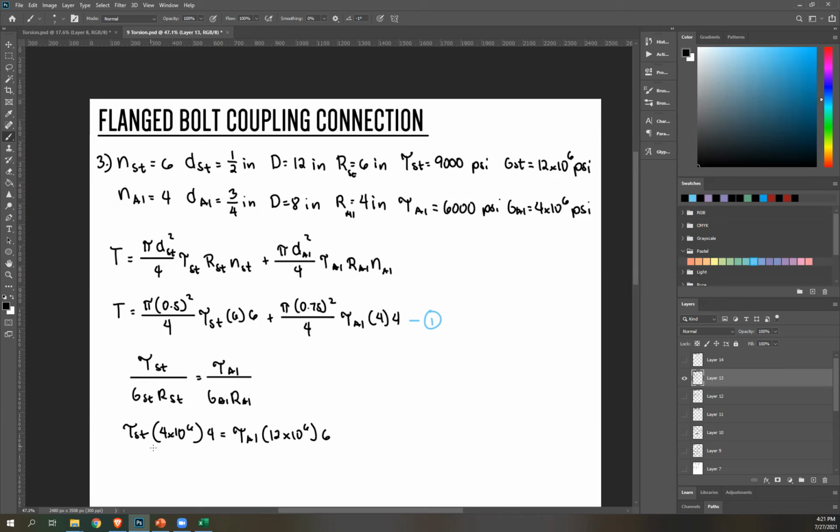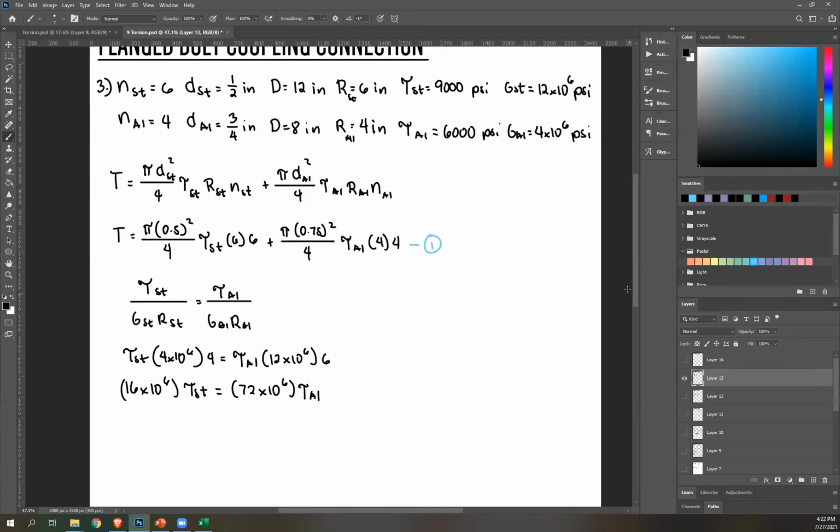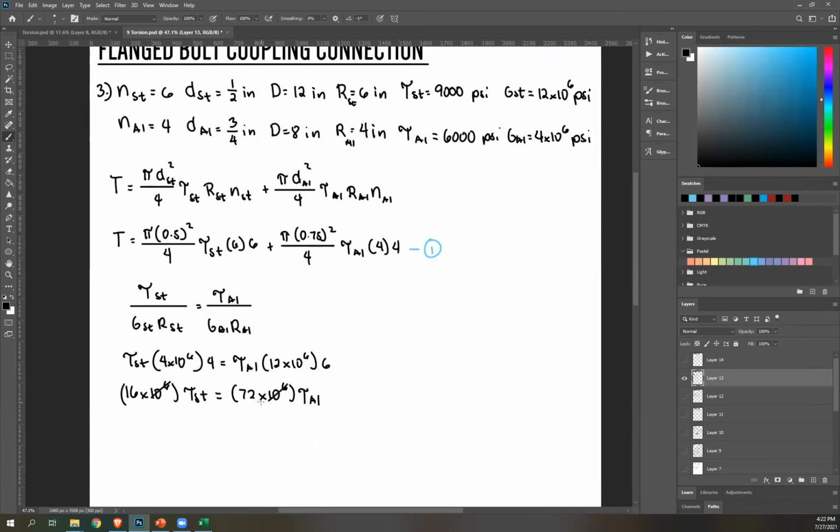4 times 4, that's 16. So this is 16 times 10 raised to 6 shear stress. Plus 12 times 6, 72, right? Times 72 times 10 raised to 6 shear stress aluminum. Simplify further, we can just cancel out 10 raised to 6. Divide everything by 4.